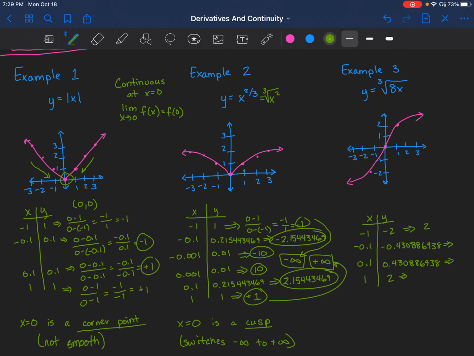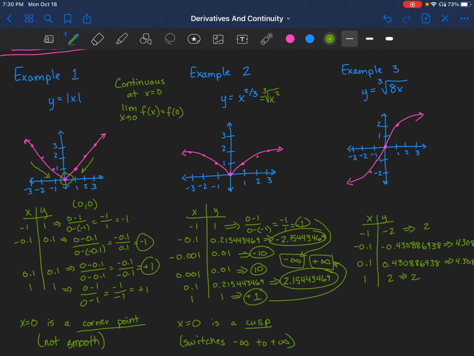Let's see, 0 minus the negative answer of 0.430886938 divided by 0 minus negative 0.1, we get 4.308 and some change. The same kind of thing is going to happen on this other side. This side is going to be 4.308, and this side's going to be 2.